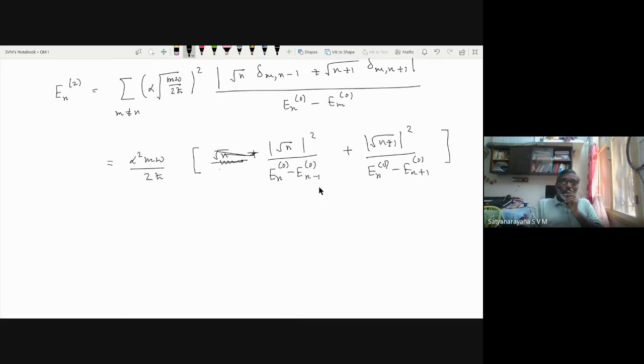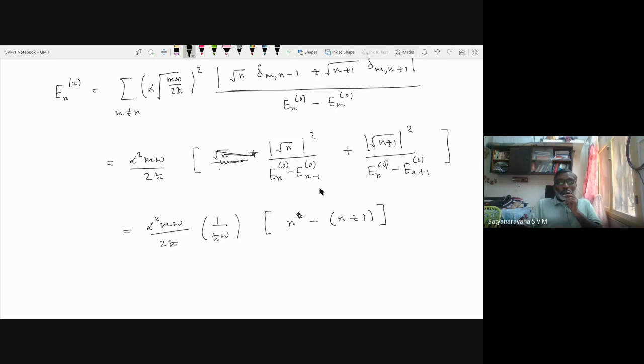Okay, but what is En0 minus En minus 1 0 for the harmonic oscillator? That is h bar omega, and this is minus h bar omega. So that is equal to alpha square m omega by 2 h bar, and then there is going to be a 1 by h bar omega that is coming from these energy differences, into n square, and there will be a minus sign coming from here, n minus n plus 1.